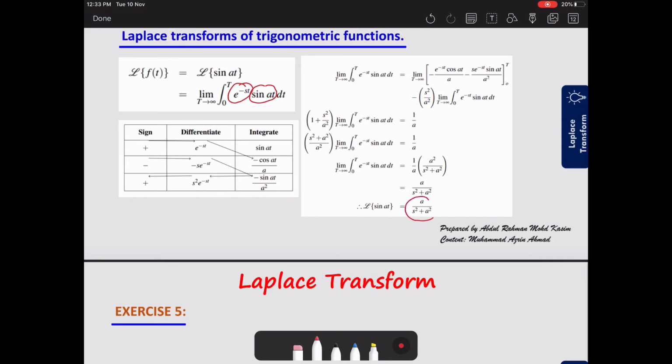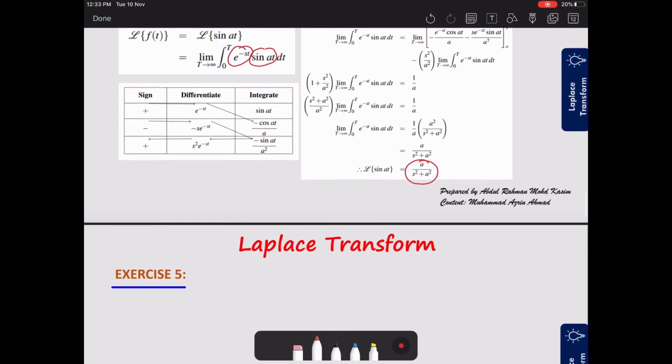So in conclusion, for the function of the trigonometrics, if you want to Laplace the function of sine, and that function has at over here, a can be any number, and then you will have a over s squared plus a squared.